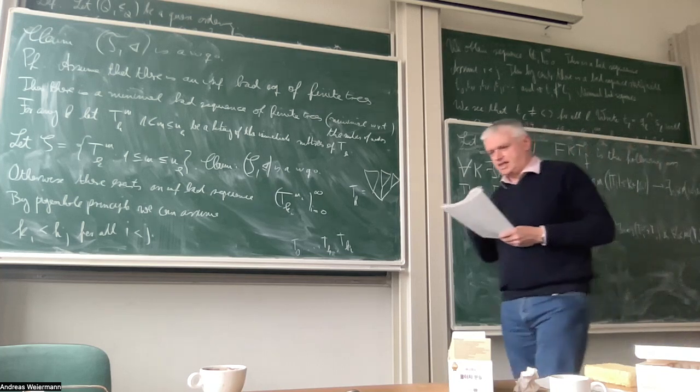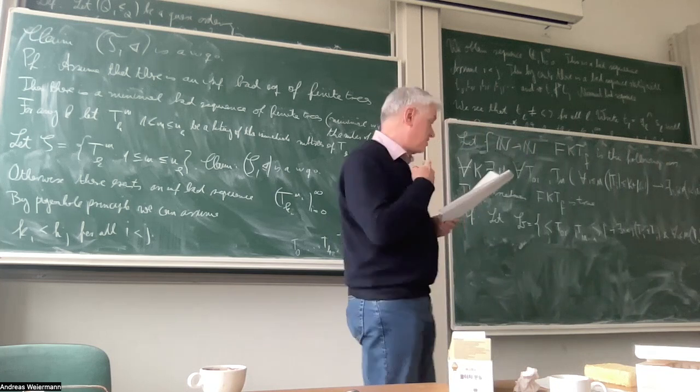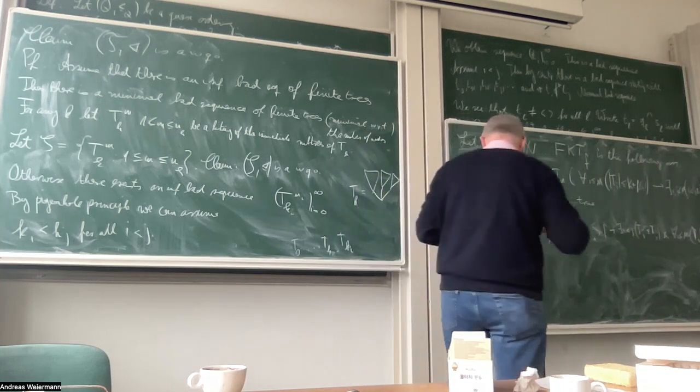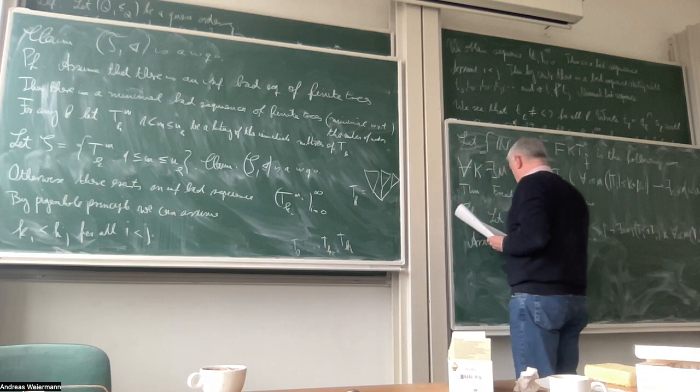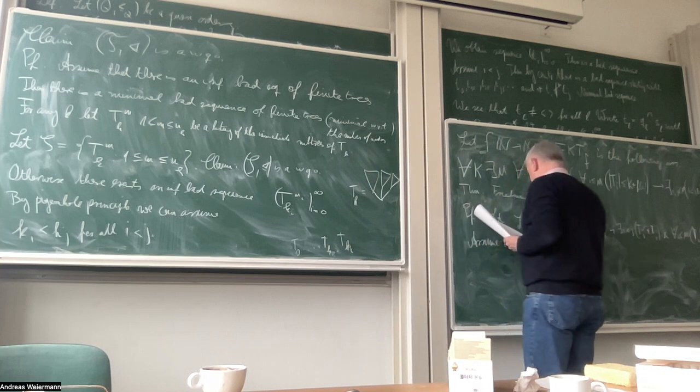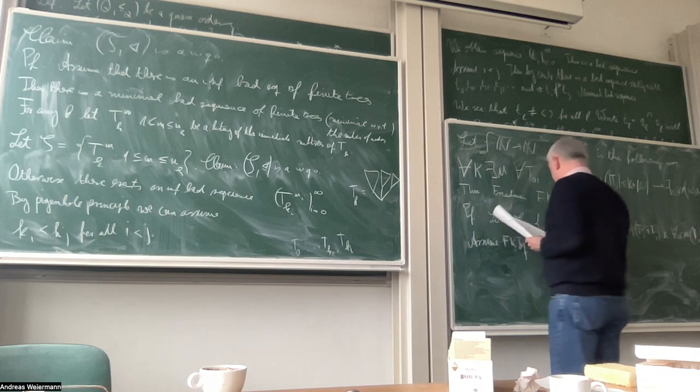So that's a set of finite bad sequences. I'll assume F is false.